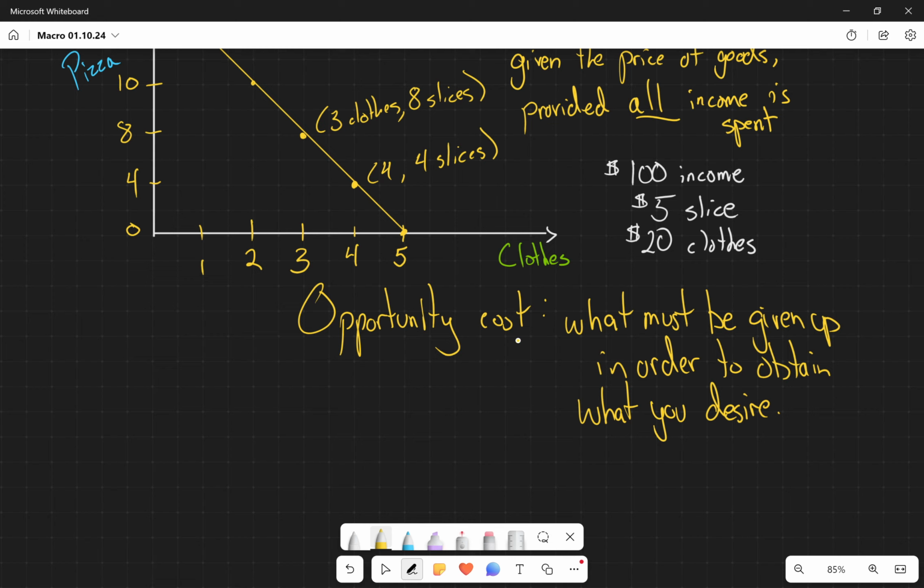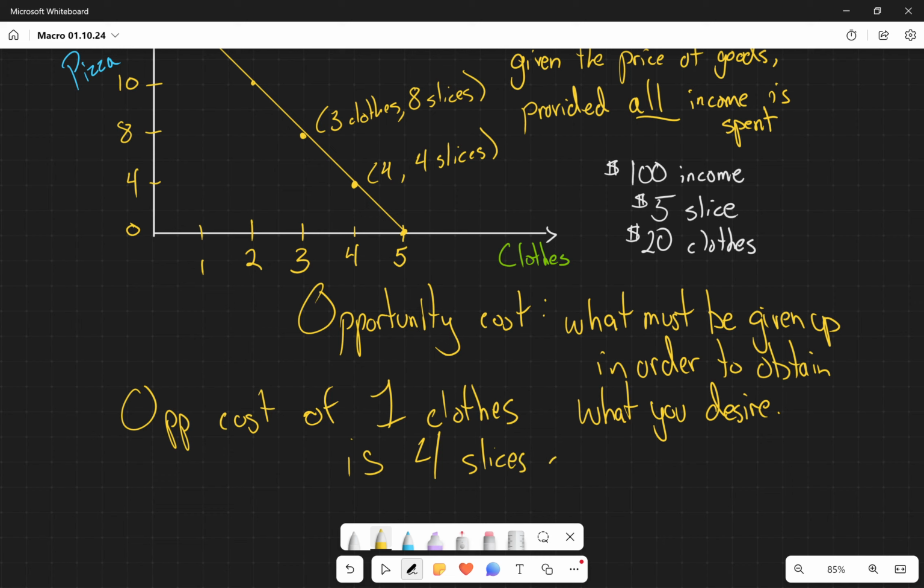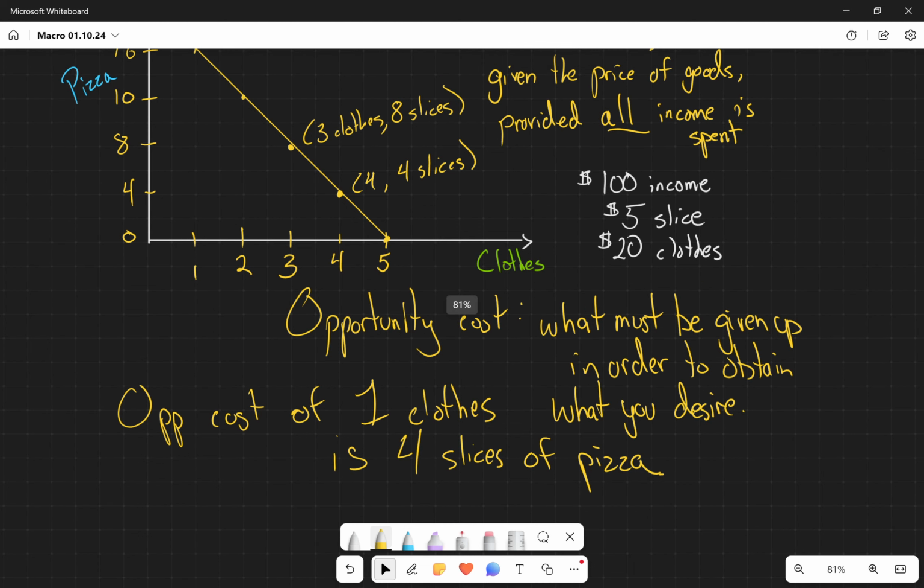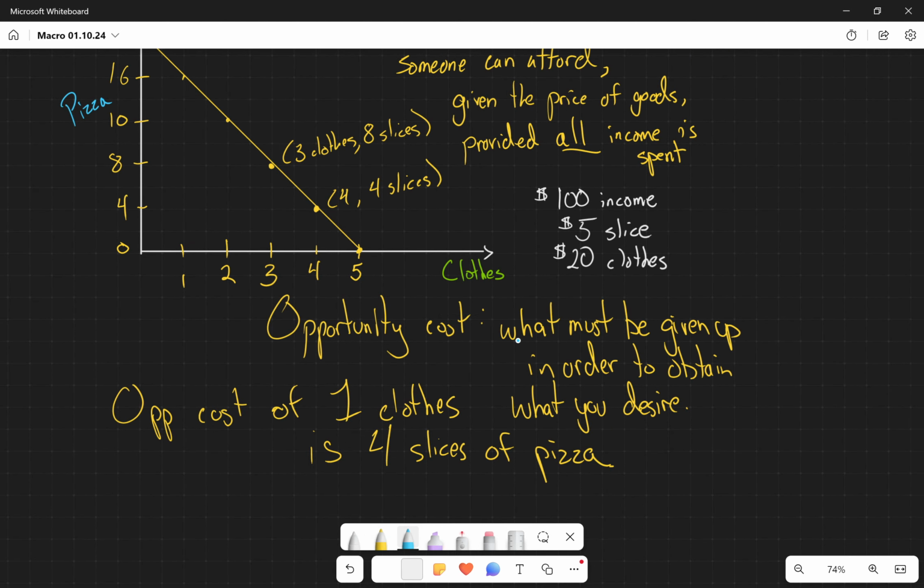And we can say the opportunity cost of one article of clothing, I'm just going to keep saying clothes even though it's awkward as heck, is 4 slices of pizza. And then we can always do the flip side of this, right?